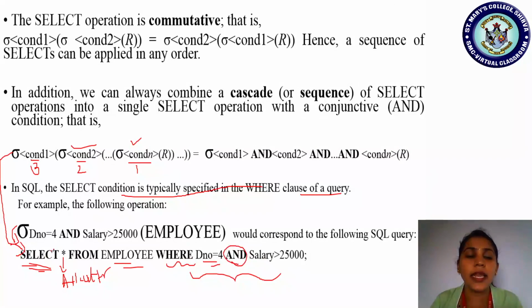Select star means all the attributes from the employee relation. The condition is written with the where clause, where two conditions are there, and you connect those two conditions with the AND operator. Select from employee where the employee should be of department number 4 and the salary should be above 25,000. This is one sample of how we write in the SQL language.